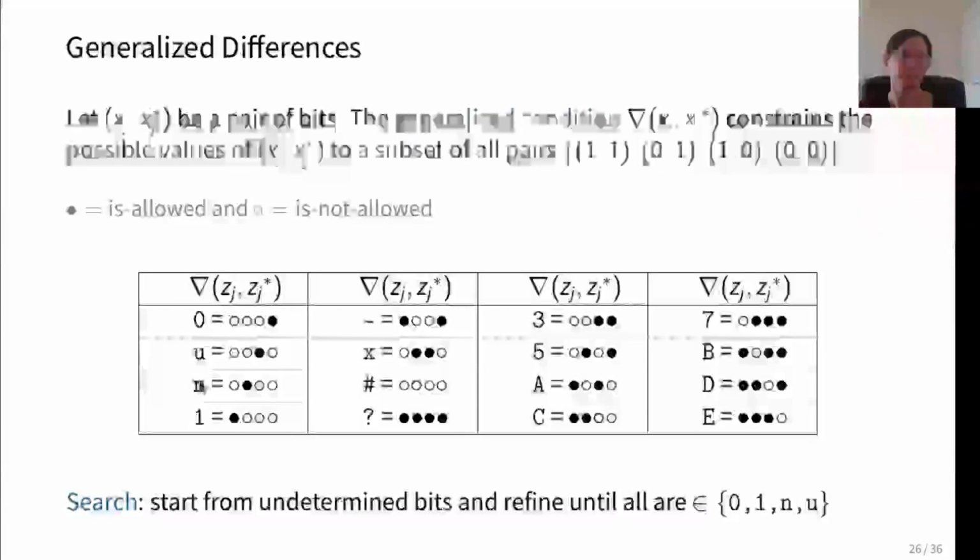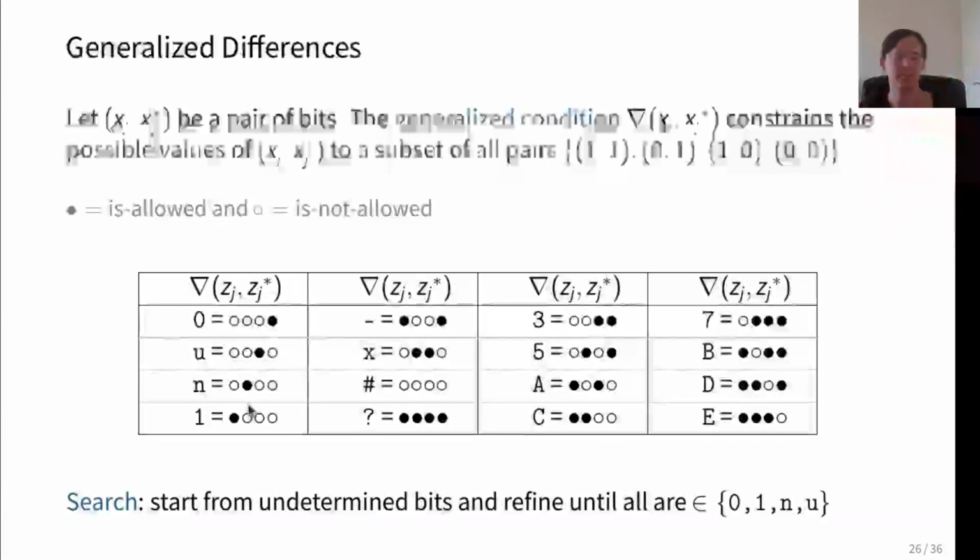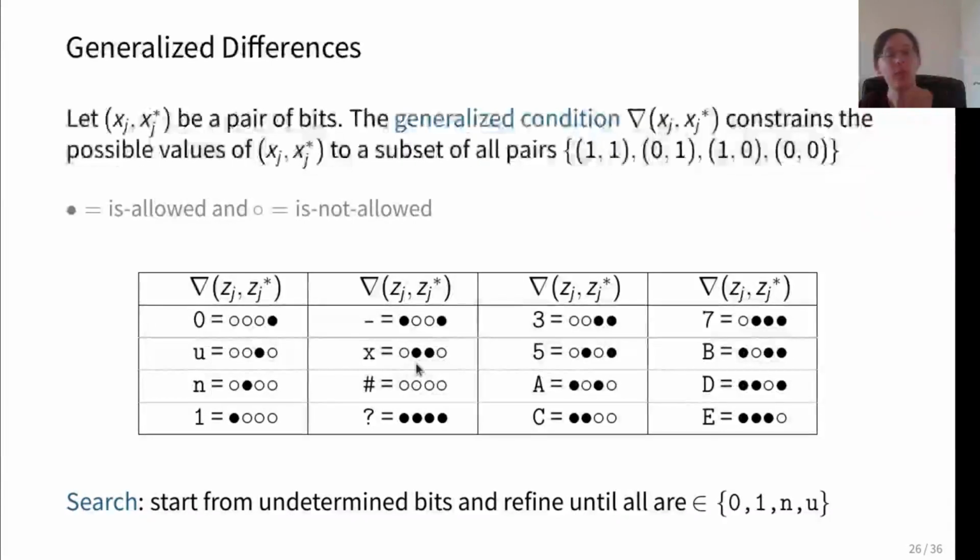U and N mean either the first is 0 and the second is 1, or vice versa. But we can also represent things like our classical differences, like the two are either 0, 0 or 1, 1, so they are equal. Or they're either 1, 0 or 0, 1, so they're different, and so on. We can also model things like we have a contradiction, or we know nothing at all, so any value is possible, and all the other combinations.